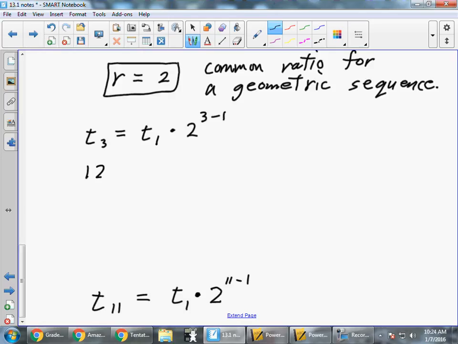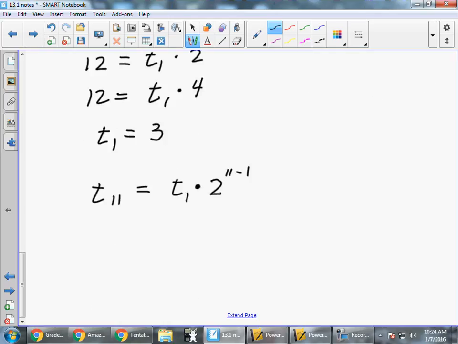And it is 12, so that equals T sub 1 times 2 squared. So 12 equals T sub 1 times 4. It's looking better. What else? Divide by 4, T sub 1 equals 3. Okay? T sub 1 equals 3.